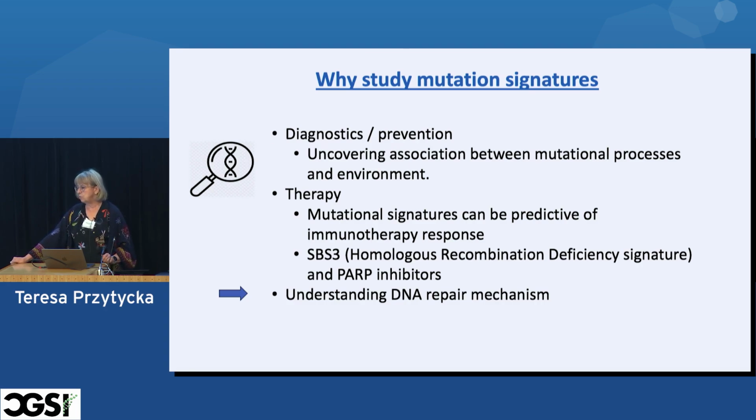So SBS3 is a signature related to homologous recombination deficiency. The patients that have this deficiency respond well to PARP inhibitors, which inhibit the alternative pathways that allow the cells with homologous recombination deficiency to bypass that deficiency and still divide.